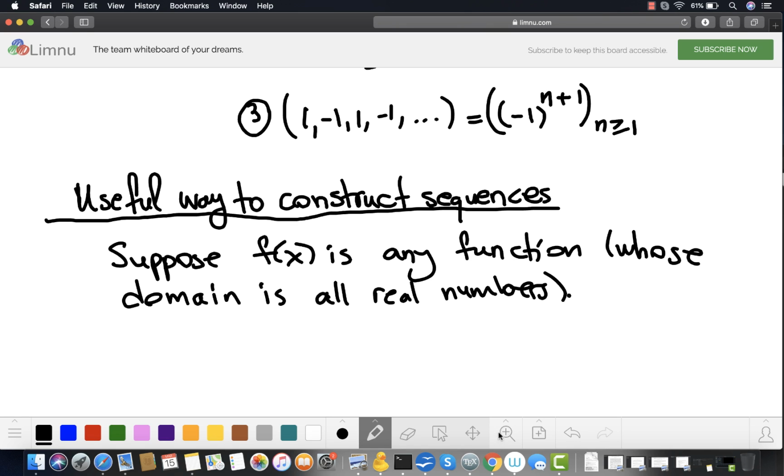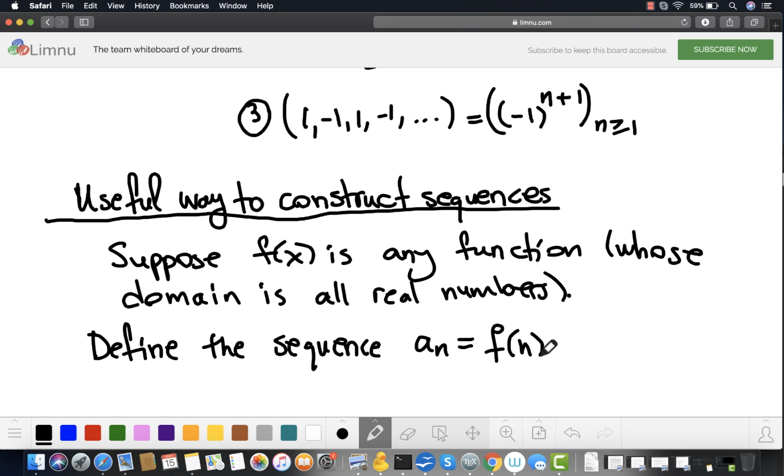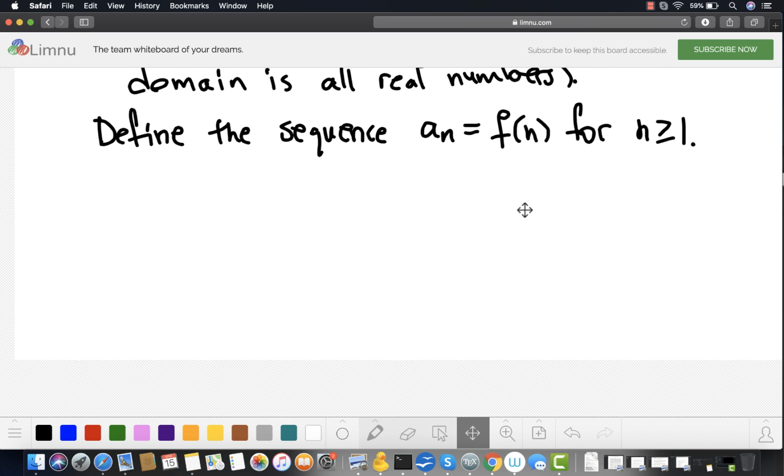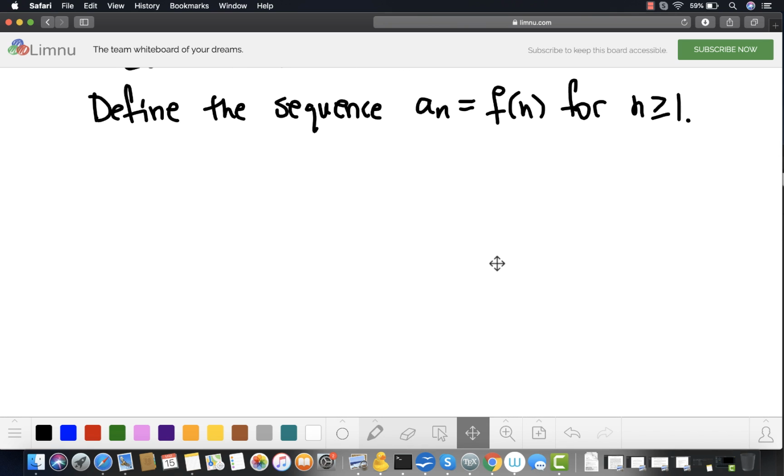We can describe a sequence just as follows. We can define the sequence a sub n by f of n. So I'm basically plugging natural numbers into f of n, for each n starting at 1. So for example, let's say I pick the function, let f of x be x squared plus 1.